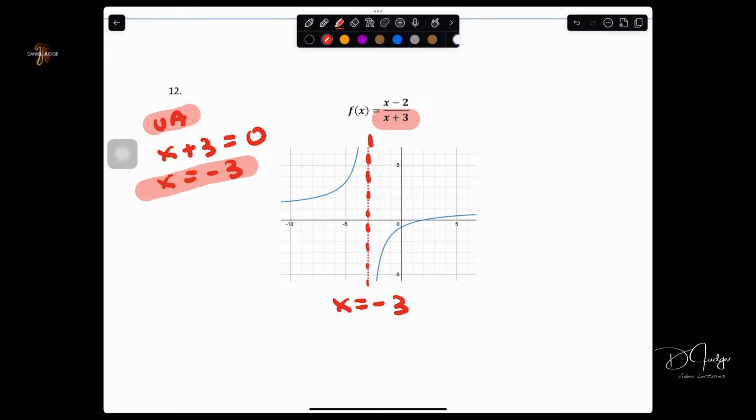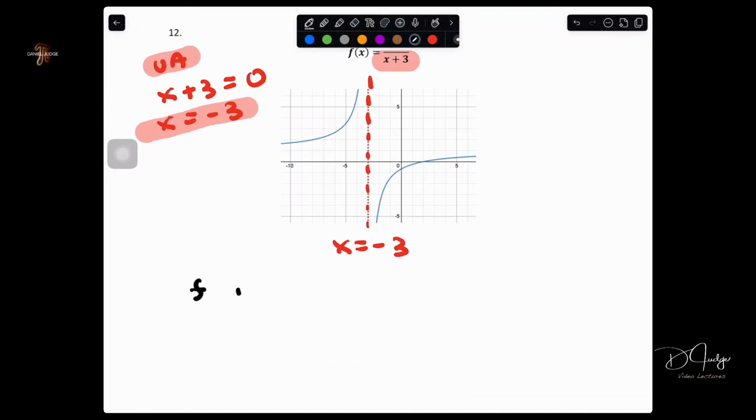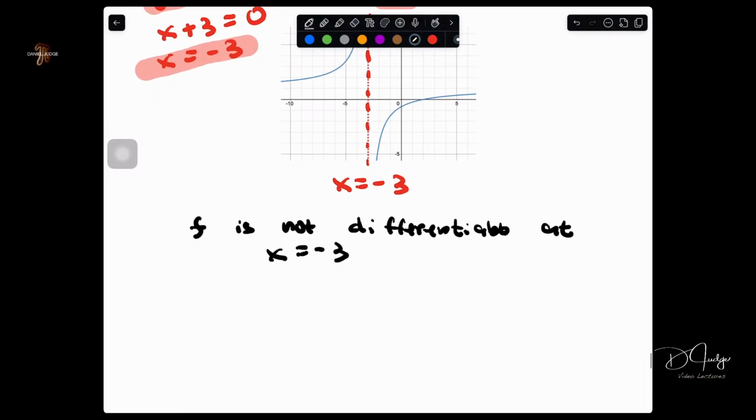So your functions are not differentiable at a vertical asymptote. So we say f is not differentiable at x equals negative 3. We got to throw that out from the set of all real numbers, okay?